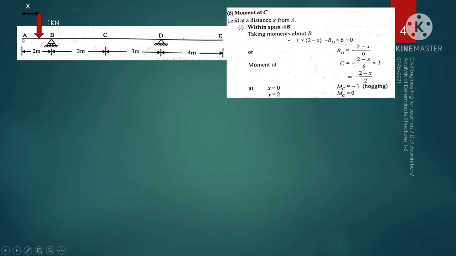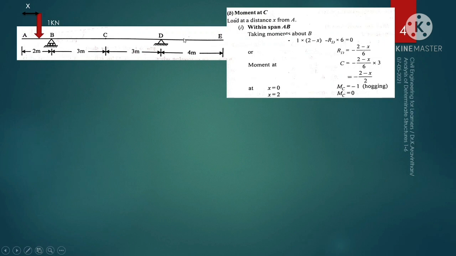Okay, let us find the bending moment between A and B. To find this, take moment at B. First you need to find the reaction and then you can find the bending moment. If I am taking moment about B, there are two forces, that is this load and this reaction.